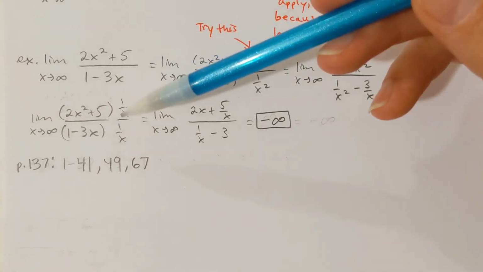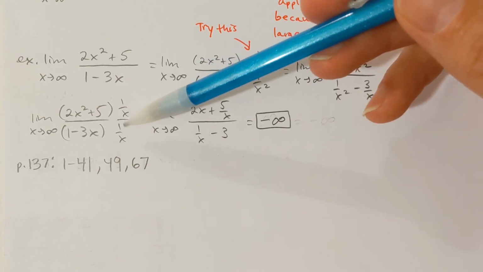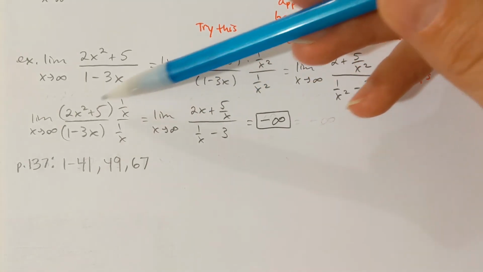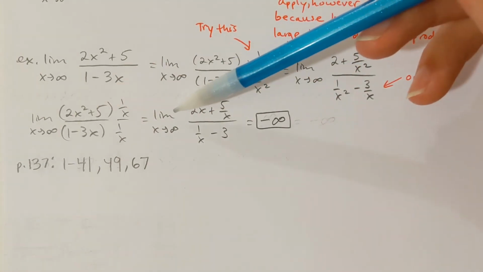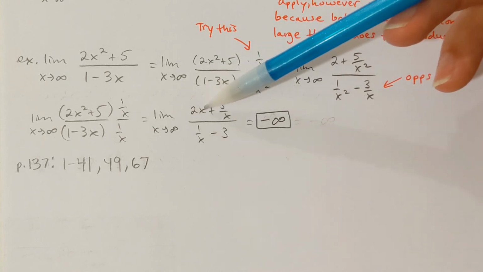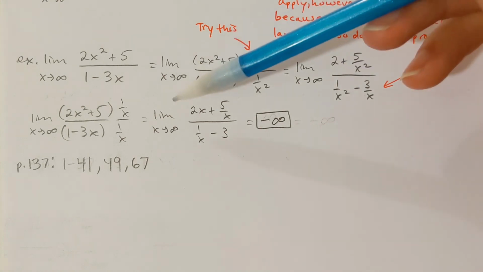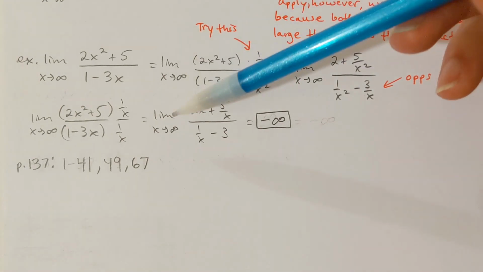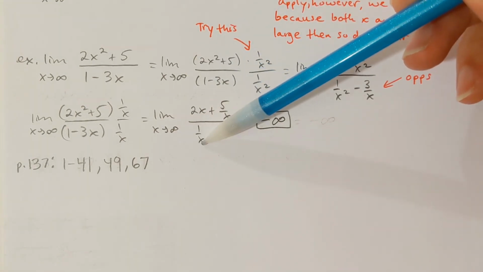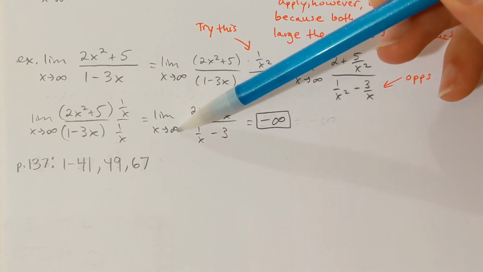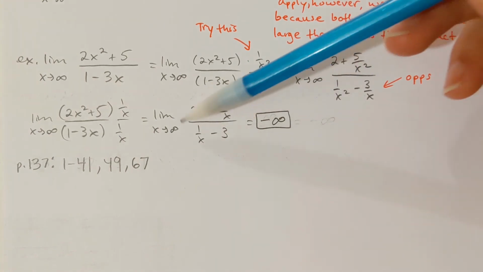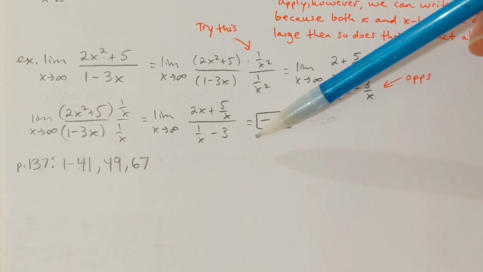Right? Now, if I were to use 1 over x as a multiplier and then distribute, I'm looking at the limit as x approaches infinity of 2x plus 5 over x divided by 1 over x minus 3. Okay, now I can use my limit laws. Limit as x approaches infinity of 1 over x, that's 0. Limit as x approaches infinity of 5 over x, that's 0. Limit of a constant is always the constant.